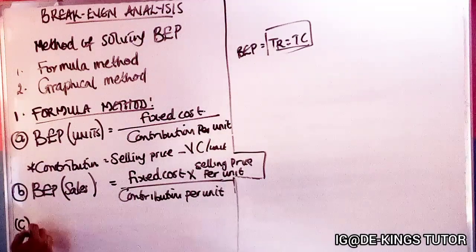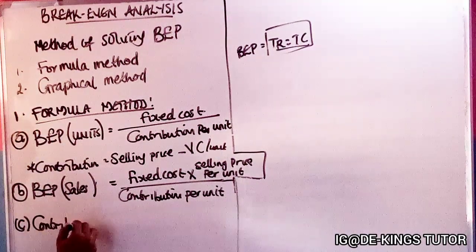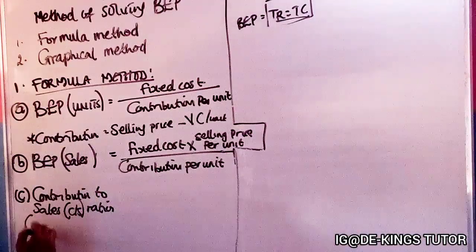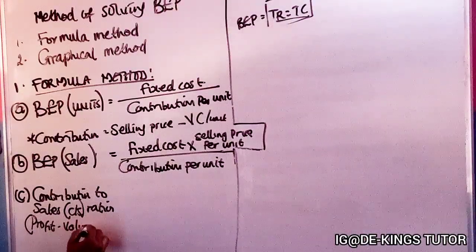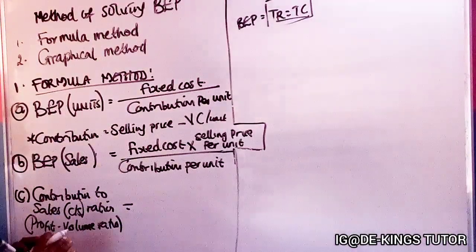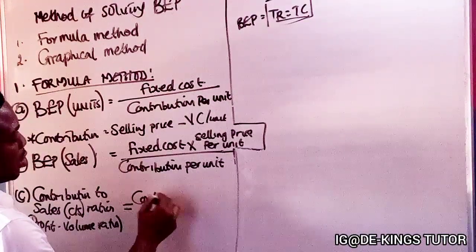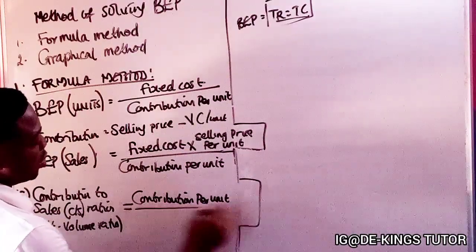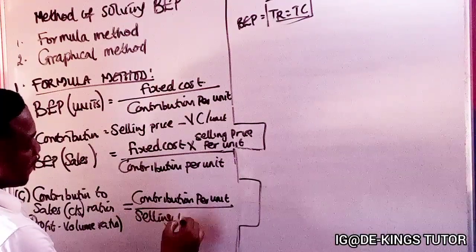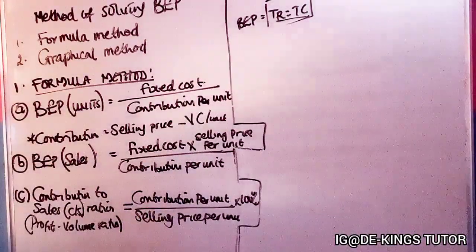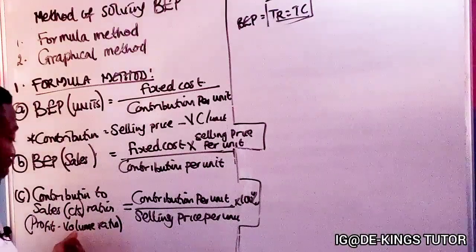Now the next formula, the C, is the contribution to sales ratio, which is also known as the profit volume ratio.